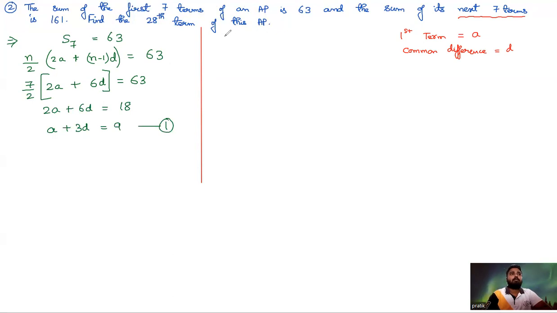S14 is equal to S of first 7 plus S of next 7.